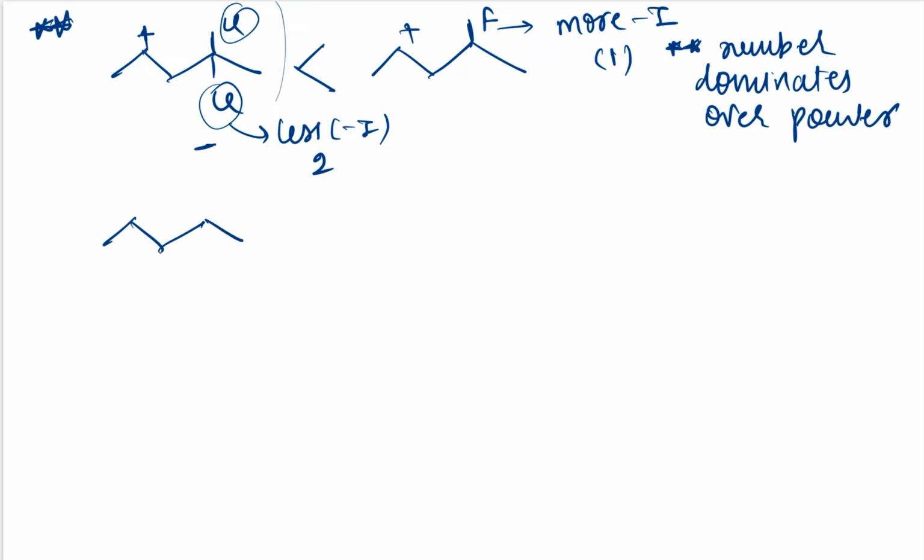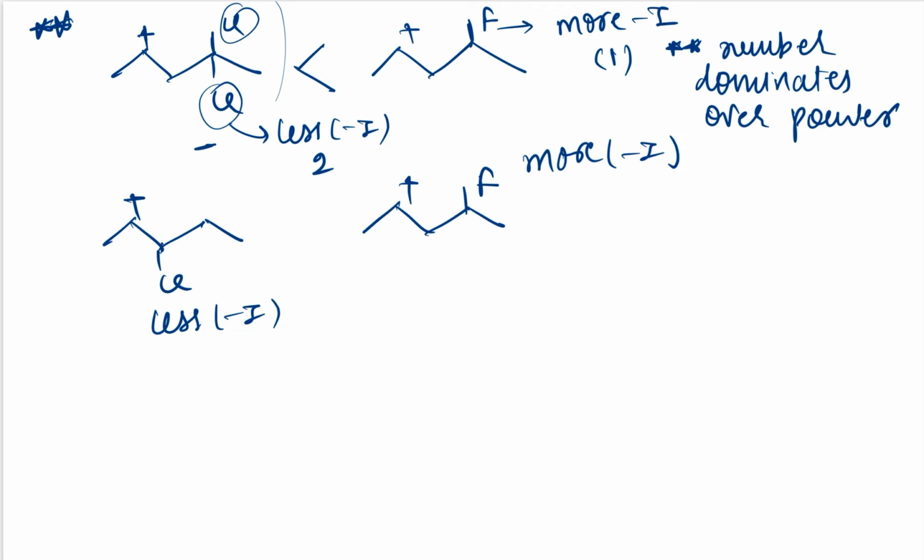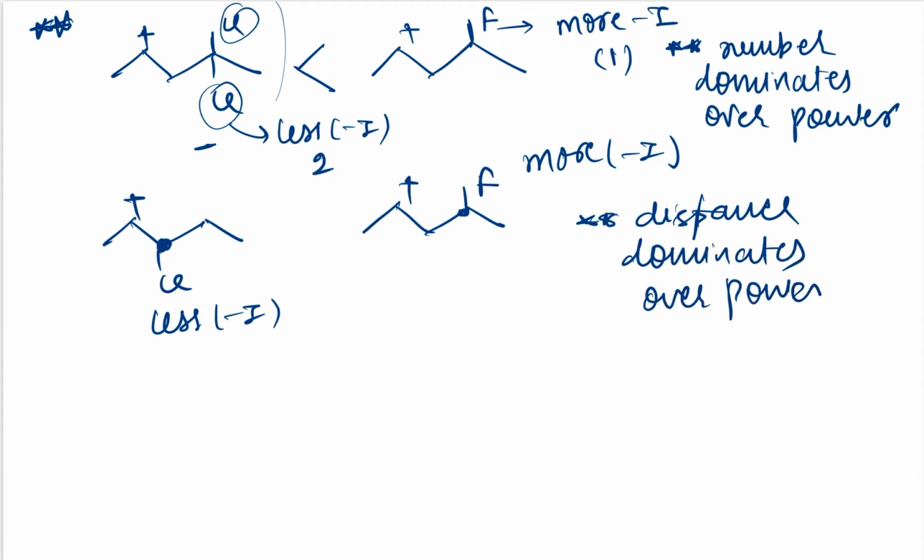Now, positive charge, let's say here we have chlorine, and here we have fluorine. Chlorine has less power, fluorine has more minus I. So here also distance dominates over power.